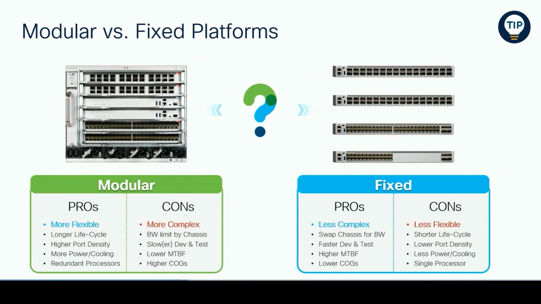Modular versus fixed. Again, I'm not directly trying to tell you a specific box to buy. This is mostly philosophical in nature. Just like it sounds, modular is about the box. Stick the rack in. I was kind of setting you up for this question when I asked who had Cat 6Ks and Cat 4500s.